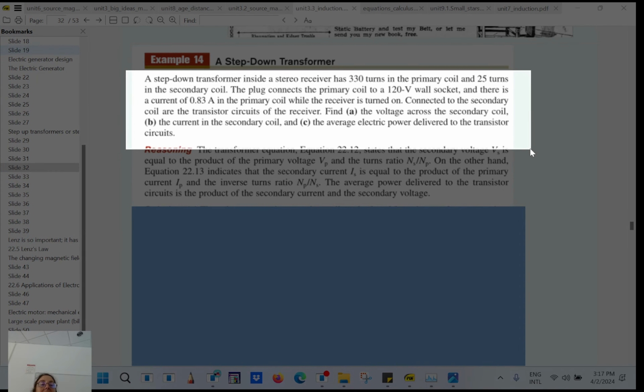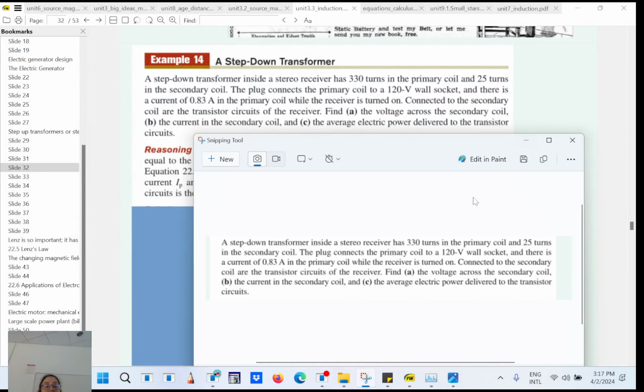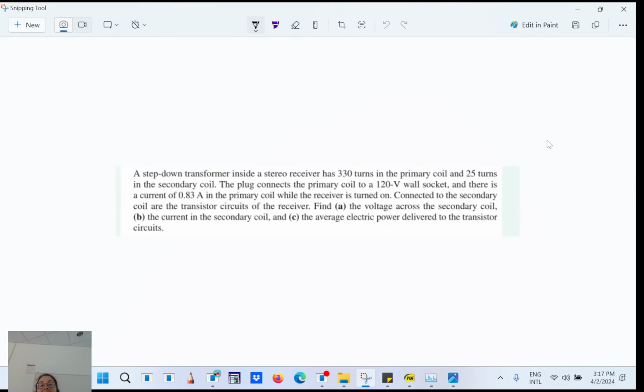So I have extended the test up to 11:59 at night. I think it opened at 8 p.m. So I'm hoping that everyone can take it. Is there a time limit? The test should be no more than 1 hour, but you can take as much time as you want.